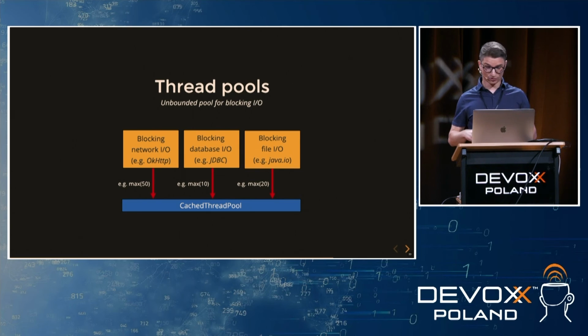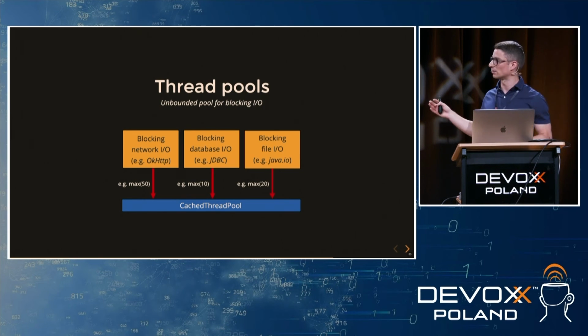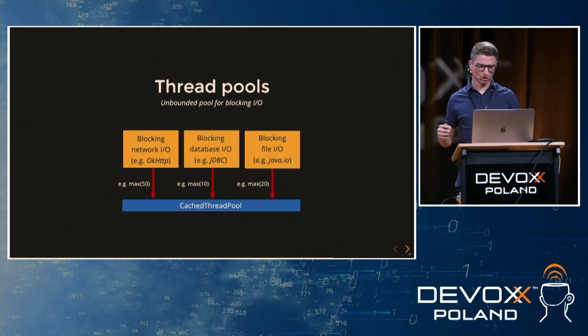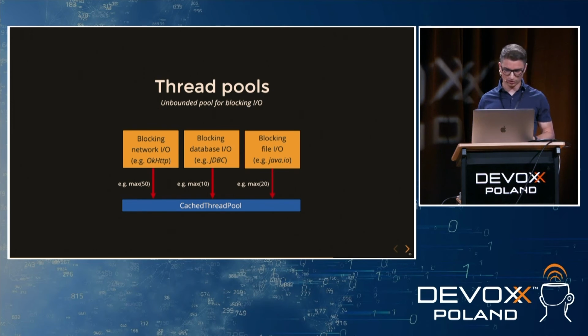OK, I said that for blocking I/O operations, it's good to have an unbounded pool. Let's assume that we have 3 different types of blocking calls in our application. We have blocking network calls, we have blocking database calls, and we have blocking file system operations. All of them, under the hood, will use the exact same unbounded cached thread pool.